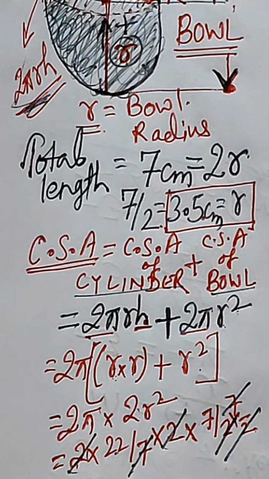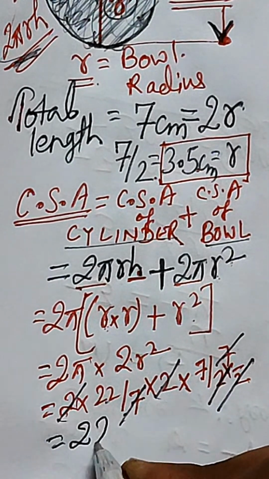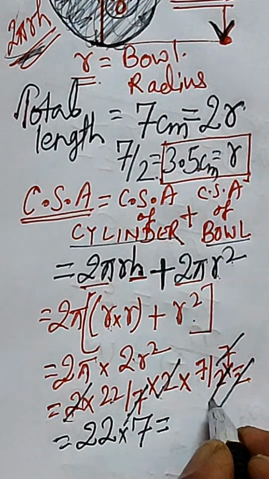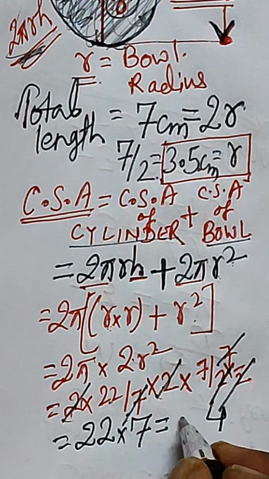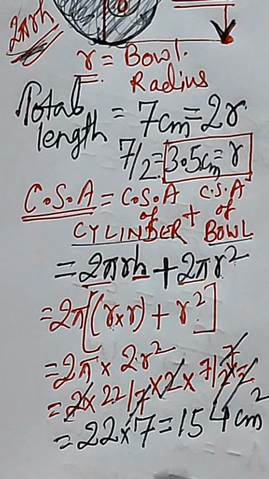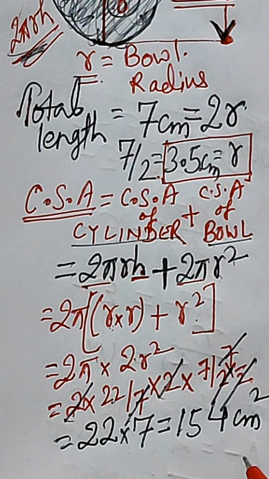So the curved surface area is 22 into 7, which is equal to 154 centimeter square.